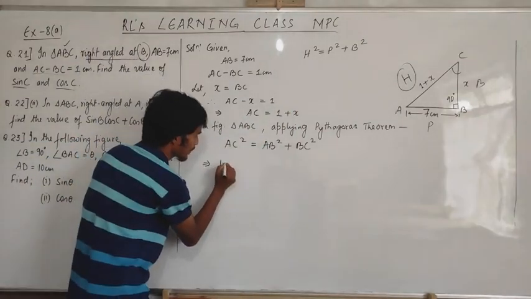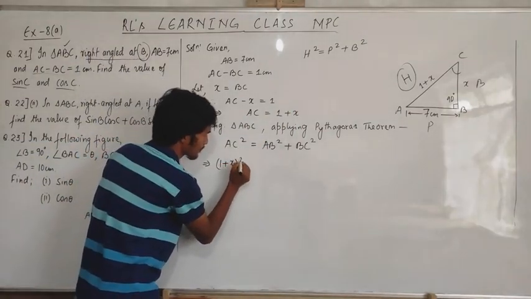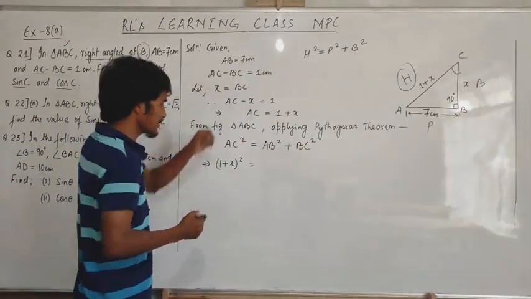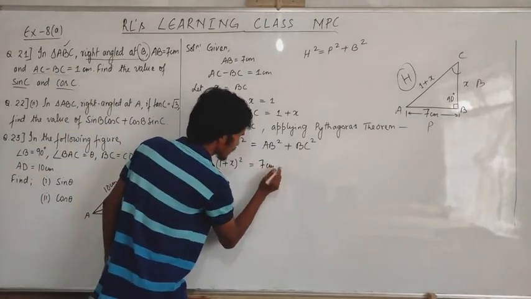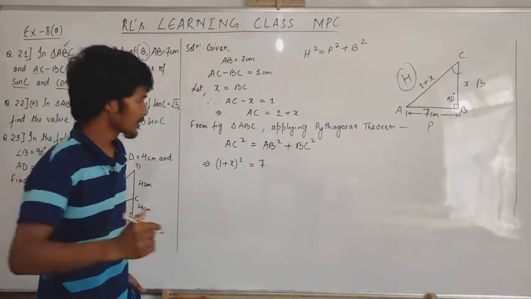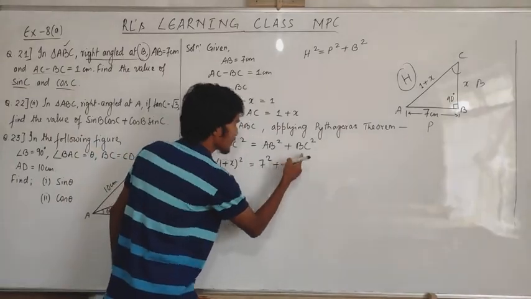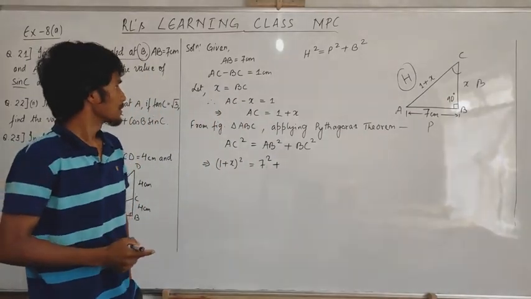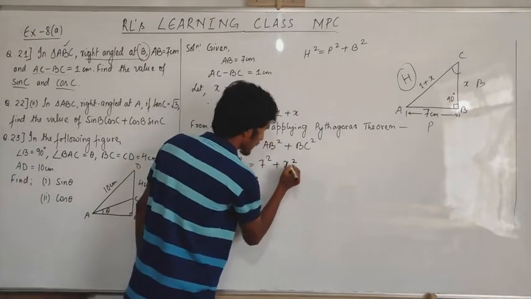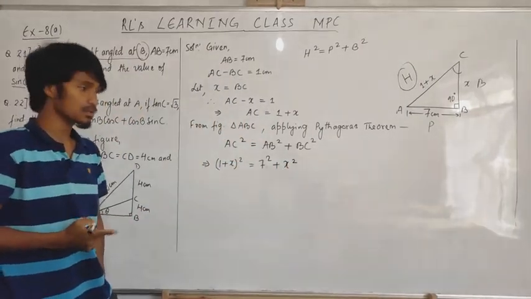You can put here (1 plus x) whole thing square. Then AB, what's the value of AB? It's already given, 7. We don't need to put the unit in the calculation; we'll put that last. Okay, 7 square. Then plus BC. The BC we already assumed to be x. Then in place of this BC I put x. Now we can factorize and get the value of x.